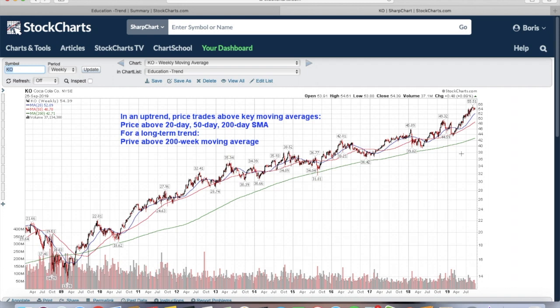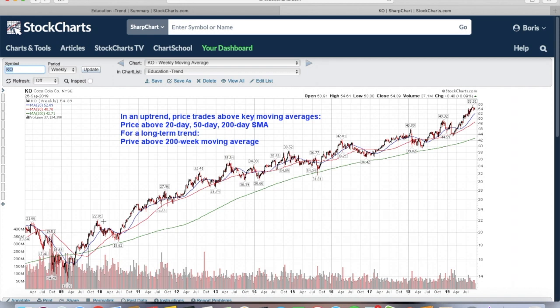As you can see in 2009, after a major bear market, Coca-Cola's price started to trade above the 200-week moving average. Also, there's a crossover: the 50-week moving average crossed above the 200-week moving average. So the trend has changed from down to up.